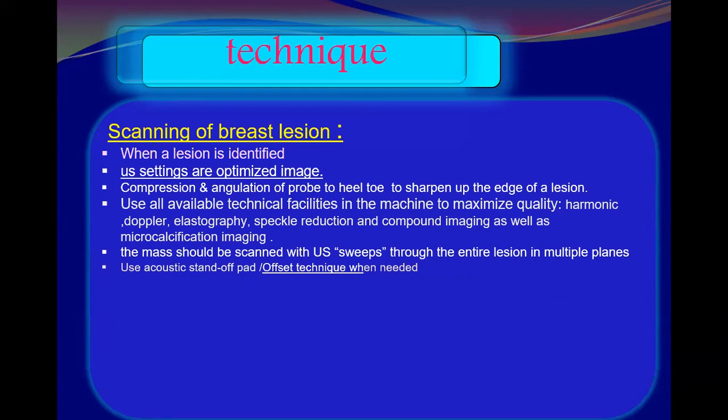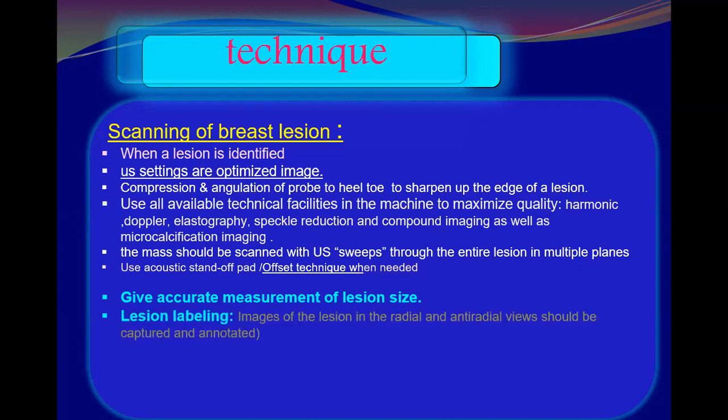Then we have to use an acoustic standoff pad when needed. And then we have to give an accurate measurement of the lesion size, do lesion labeling and image the lesions. Okay, the radial and antiradial views should be captured and annotated.